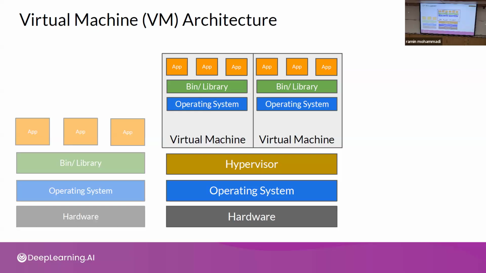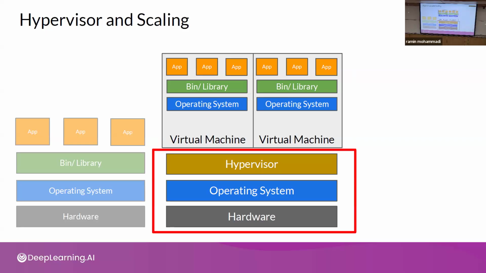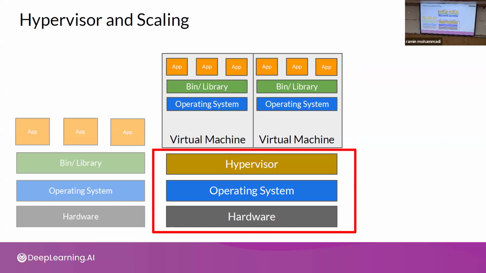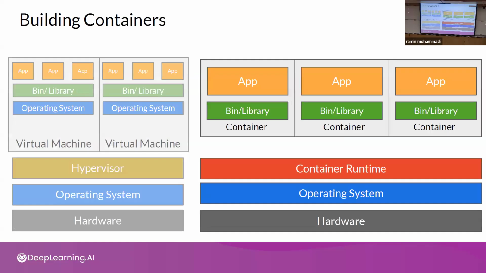That makes VMs not suitable for scenarios where you need to create a series of VMs, or multiples. So overall, you need some sort of VM management. You need a hypervisor and a scaler. You have some limitations, which are simply the binaries and operating systems.